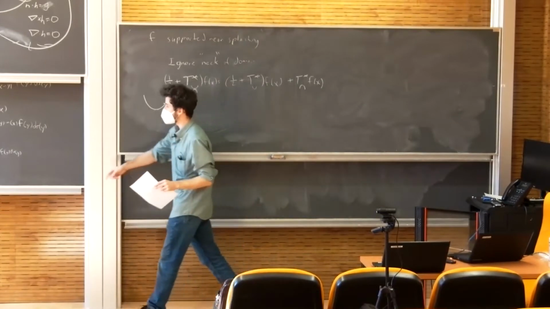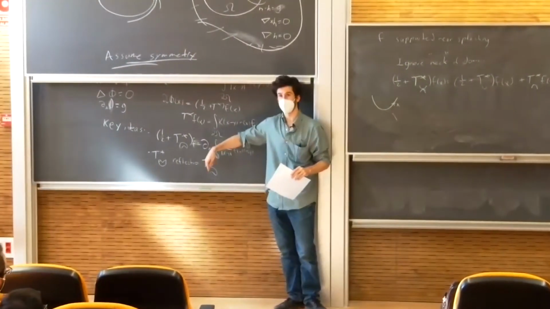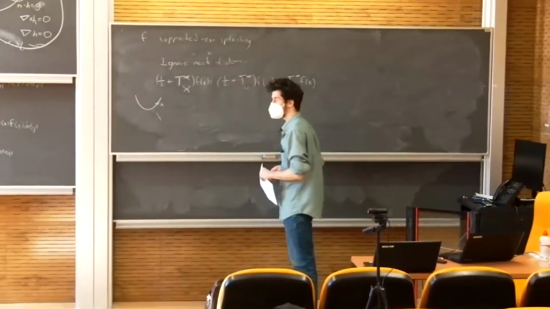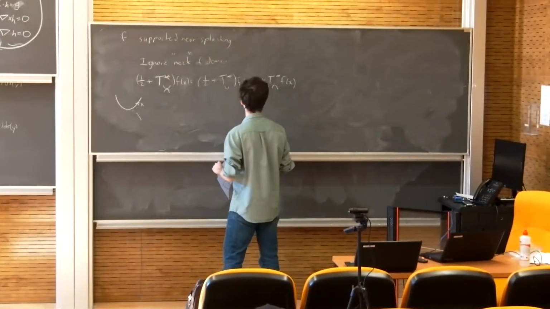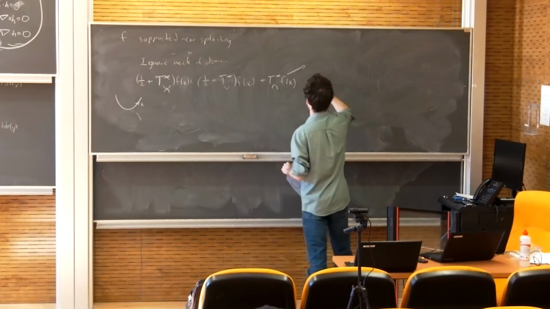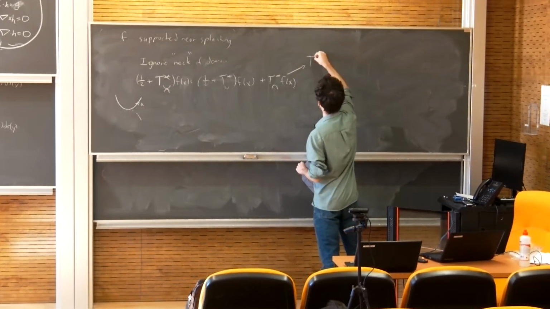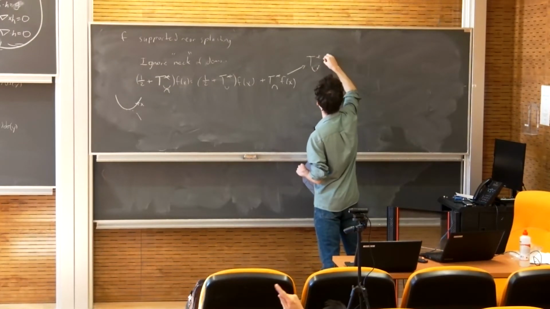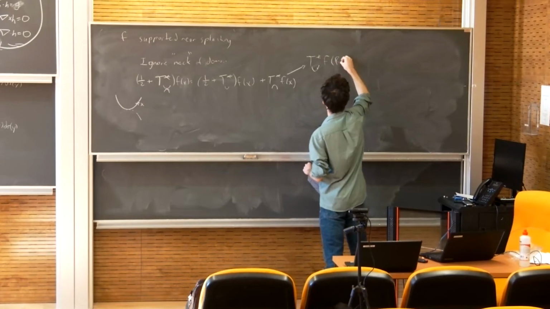Now I'm going to use this idea, the fact that the integral over the bottom is in some sense a reflection of an integral over the top. Use some symmetries in the kernel. So this is actually going to be equal to the integral over the top of f of rx.